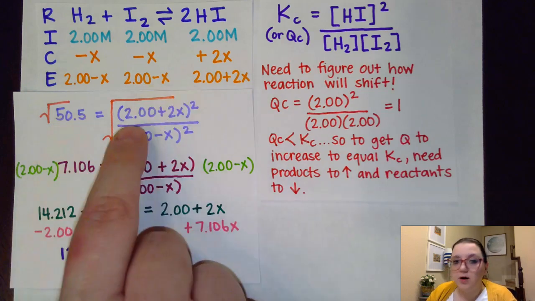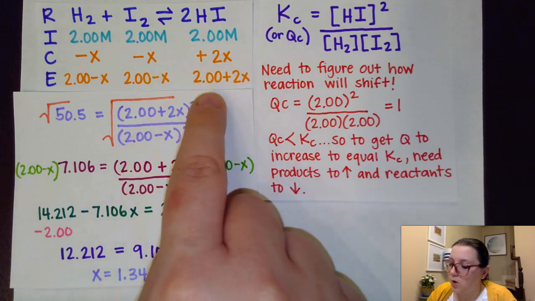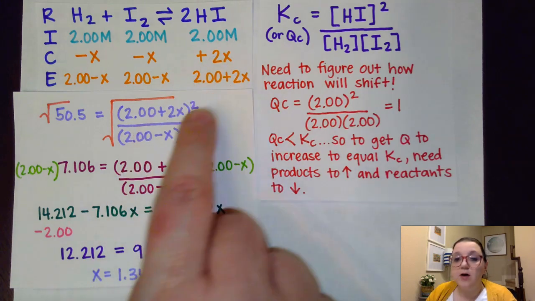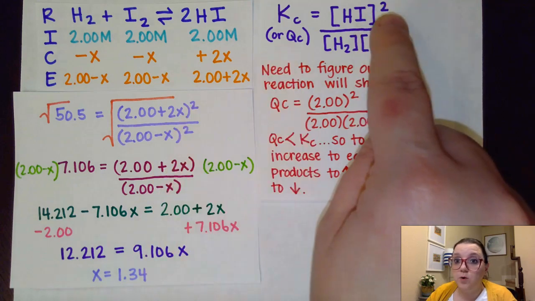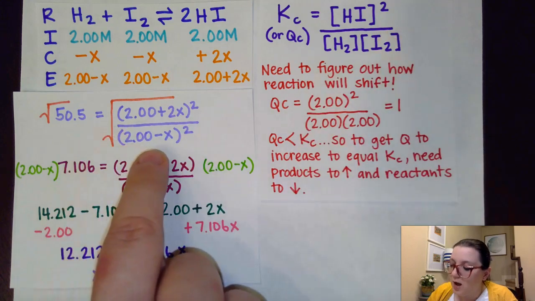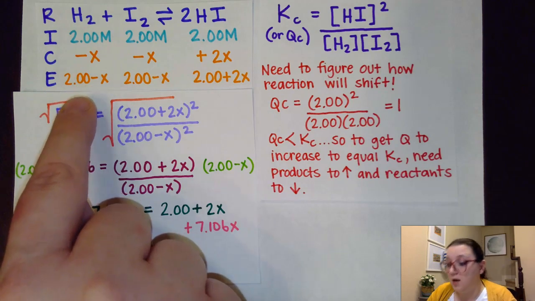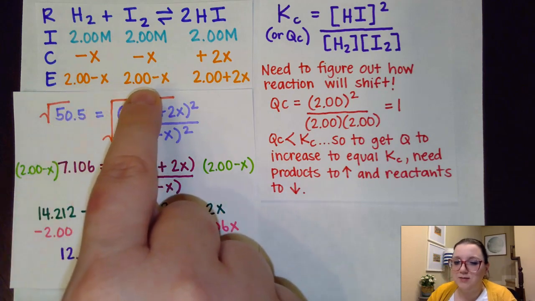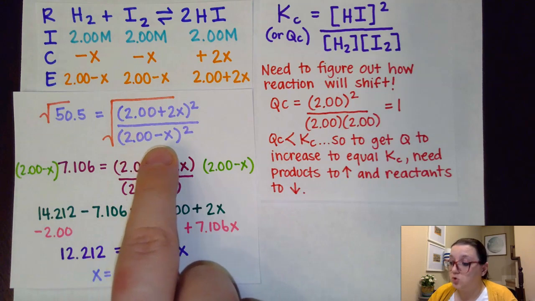On top here, I would have my HI, which again we said is 2.00 plus 2x. That would get squared because it had that coefficient of 2 as we wrote up here for that exponent. On the denominator, I would have 2.00 minus x times the other 2.00 minus x. And so that leaves me with 2.00 minus x squared.